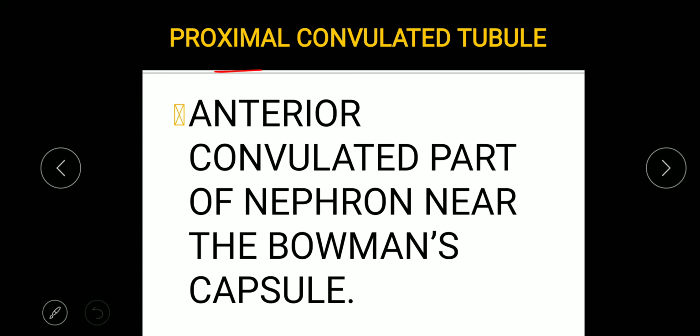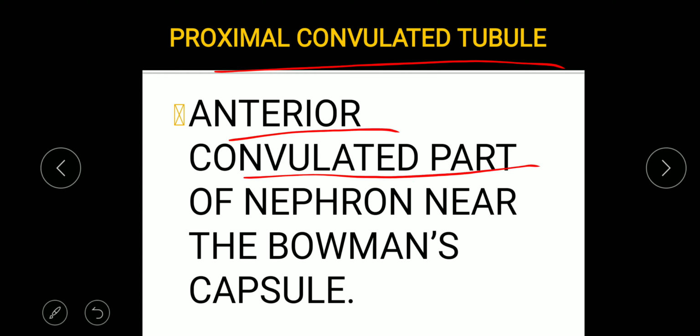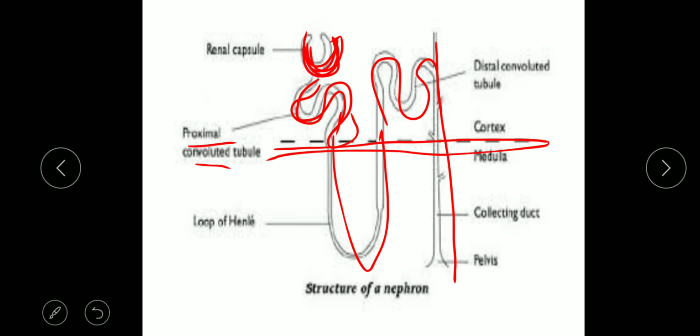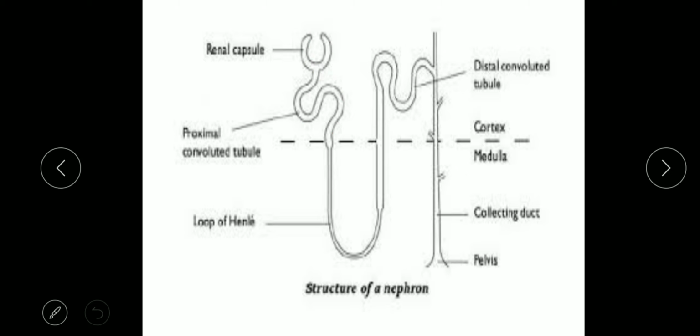Now what is PCT, proximal convoluted tubule? This is the anterior convoluted part of the nephron present near the Bowman's capsule. Proximal means near the starting point.